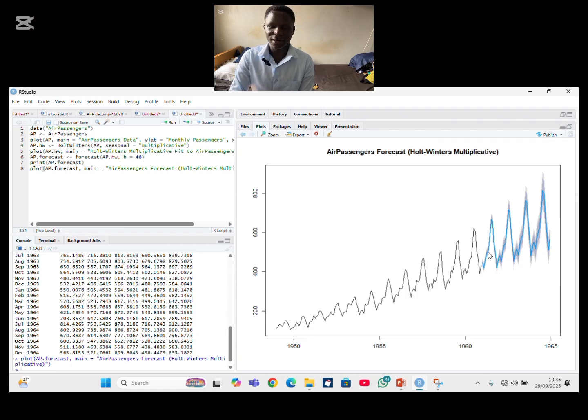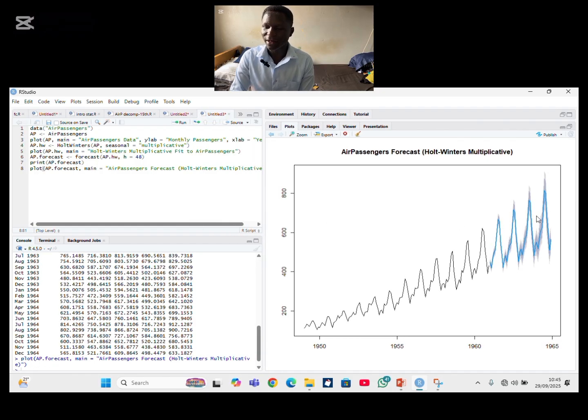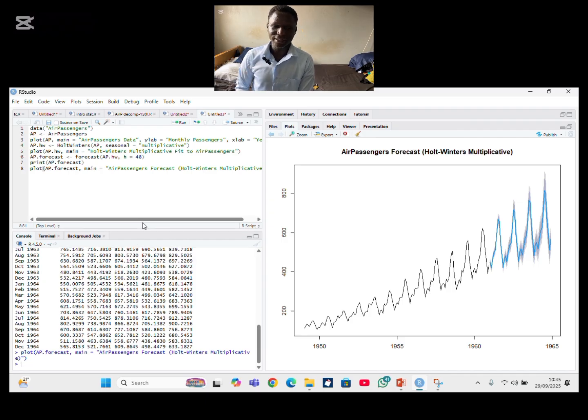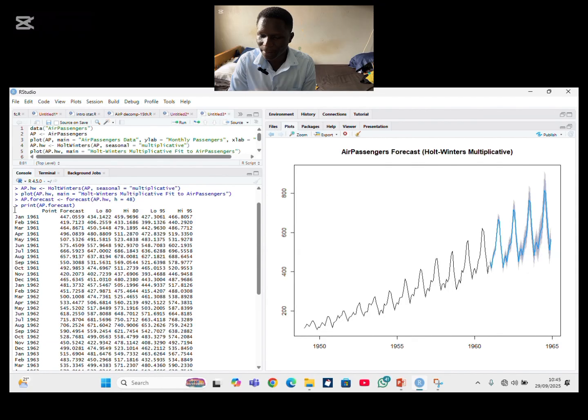The lines in blue here illustrate the values we are forecasting, just to give you a clear picture through the visuals. And you notice that R is very powerful. It can help you do this in just a small click of code. And these are our values we have forecasted.